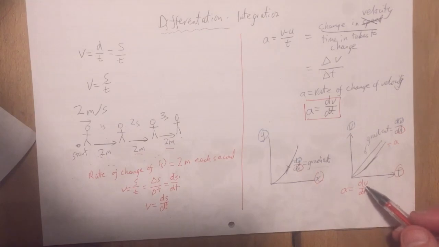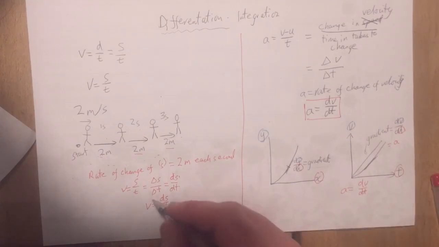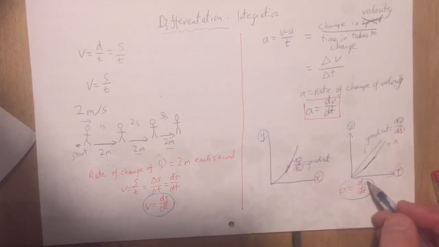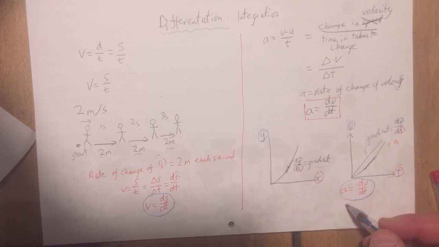So the two things that you need to take from today are these two points here: that the speed can be expressed as ds by dt, and the acceleration can be expressed by dv by dt, and these are both rates of change.